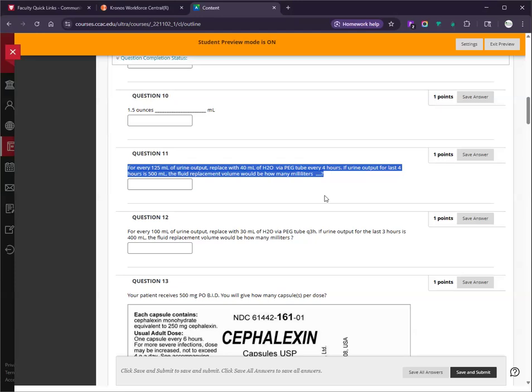So I always like to say there's a couple of things that this is indicating to us. It's saying that for every 125 milliliters that they actually void out, you want to replace it with 40 milliliters.